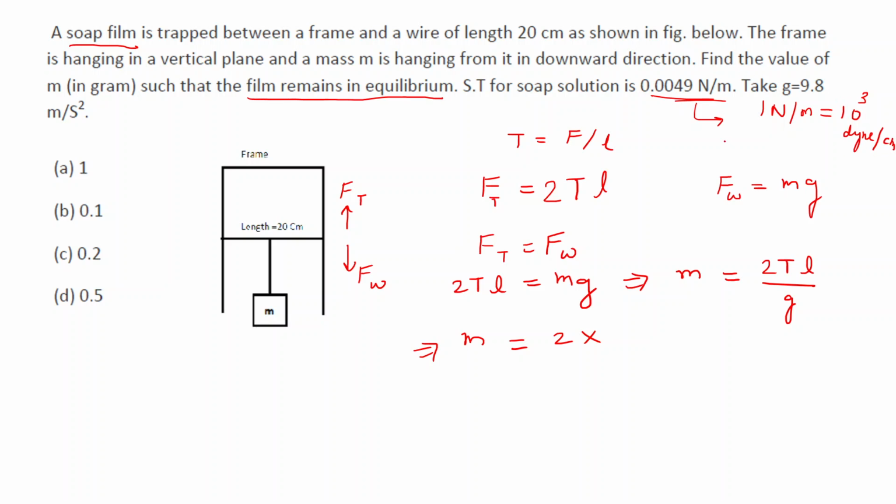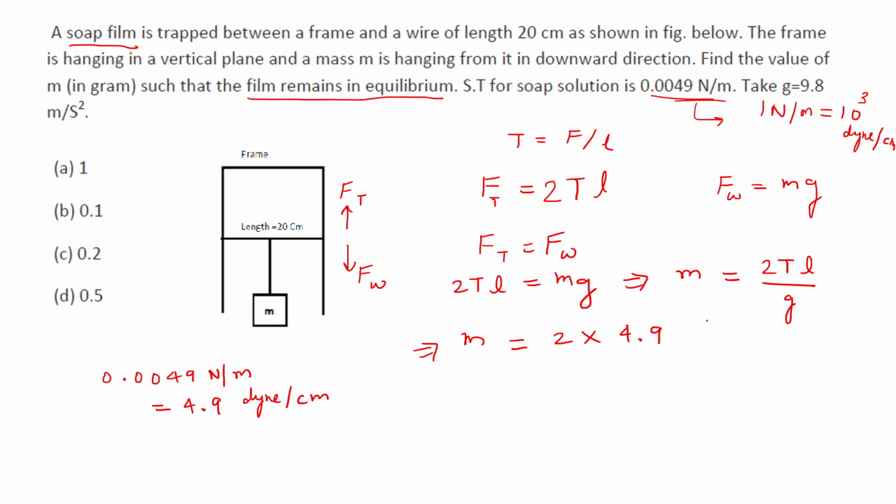So from this I'll find out that 0.0049 Newton per meter is equal to 4.9 dyne per centimeter. Substituting this value here, 2 times 4.9.